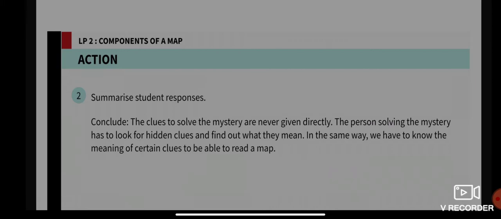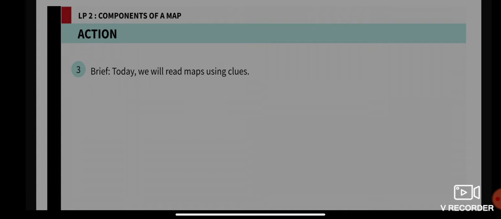So in the same way, we have to know the meaning of certain clues to be able to read a map. Just like a mystery story, we have to know the meaning of certain clues to be able to read a map. Okay. Now today we will read maps using certain clues.